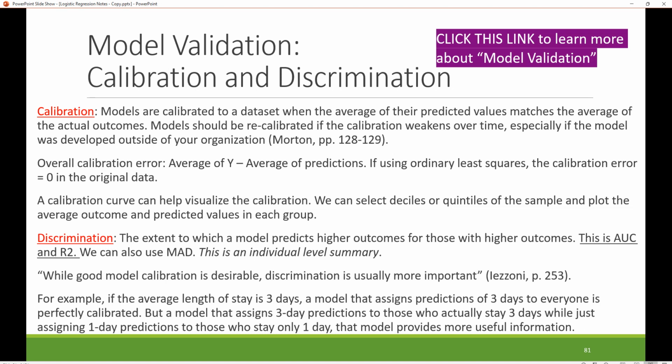So if we have a nice straight line where our actual average of y is identical to the average of our predictions, then that would show that we have perfect calibration. It's very rare to get perfect calibration, but we'd want to know that we're doing well, especially on the key deciles.